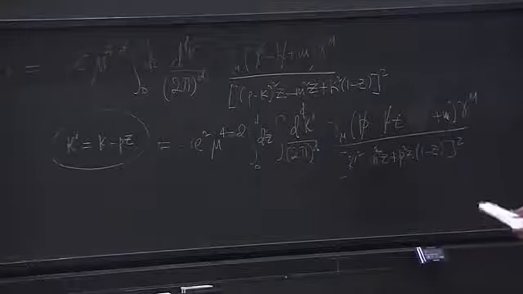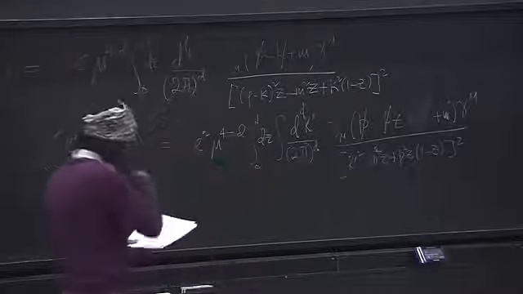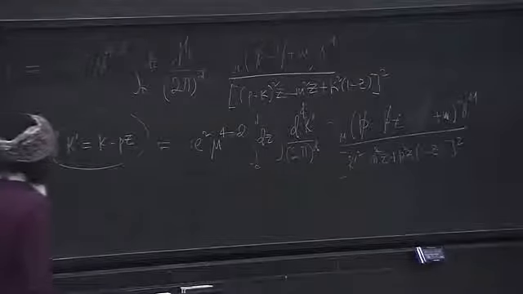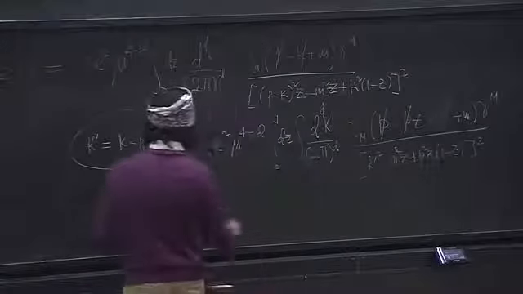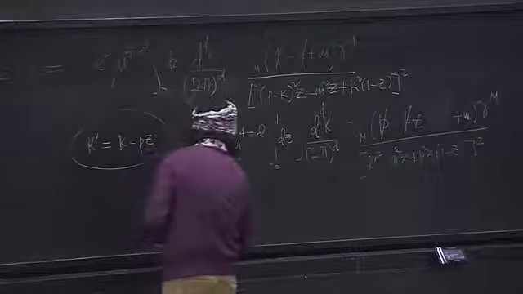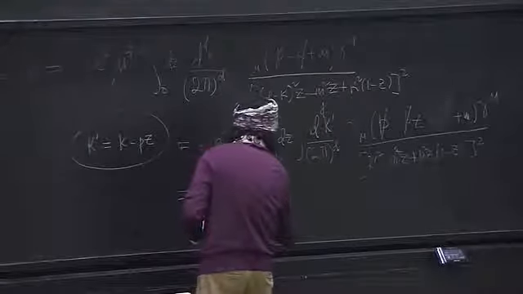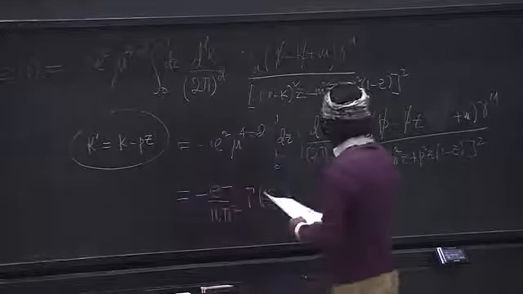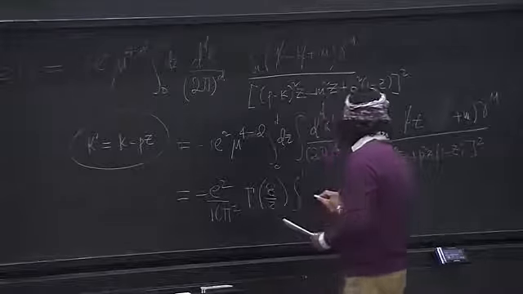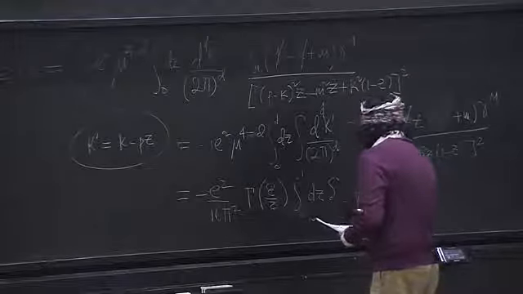So now we use our identity involving the gamma function, and we can express this integral with a gamma of epsilon over 2, and then there's an integral over z, which is very easy to do, but I won't do it.